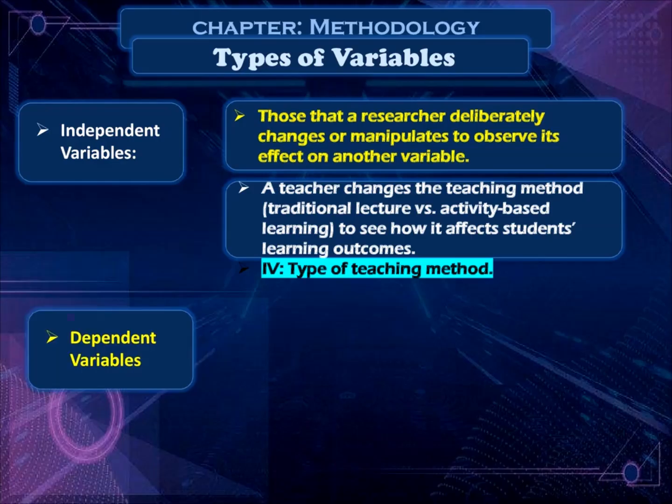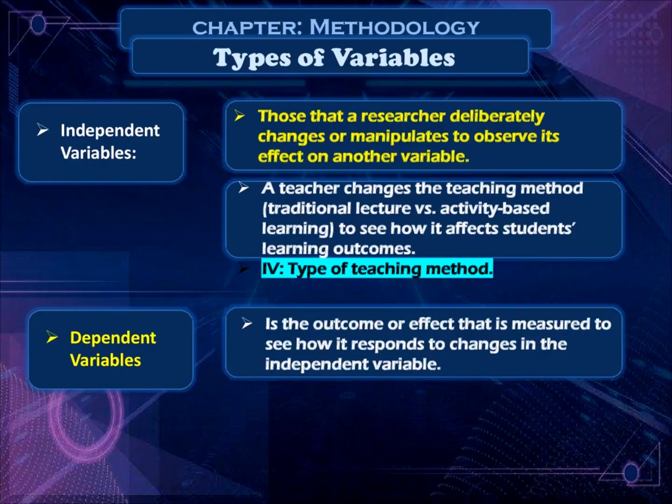Dependent variable. Now, is the outcome, the falling of the child, the scores of the class, is the outcome. So whatever is the outcome always depends on something, right? So they are dependent. It is the outcome or effect that is measured to see how it responds to changes in the independent variable. Teaching style is the independent variable.